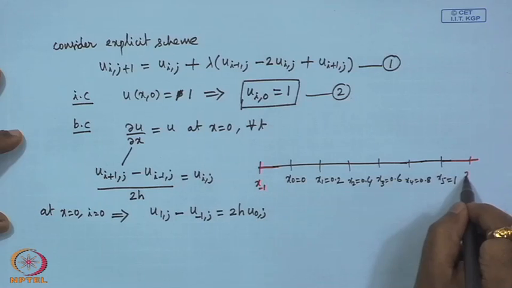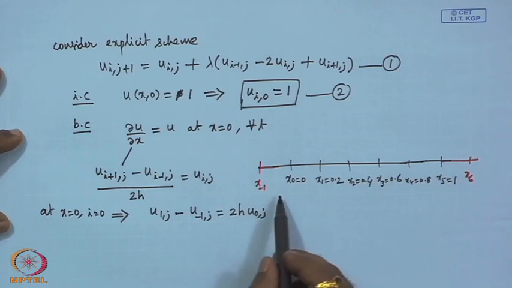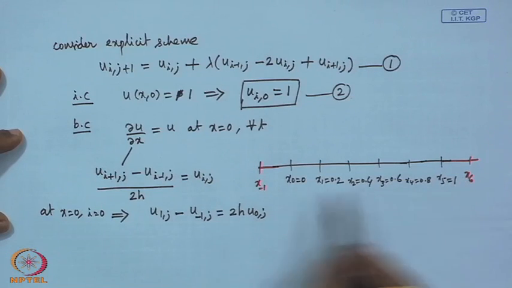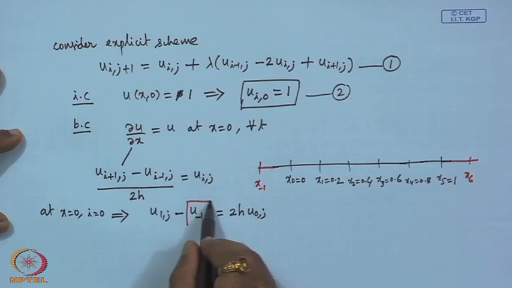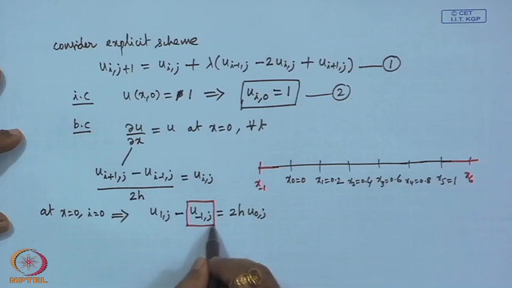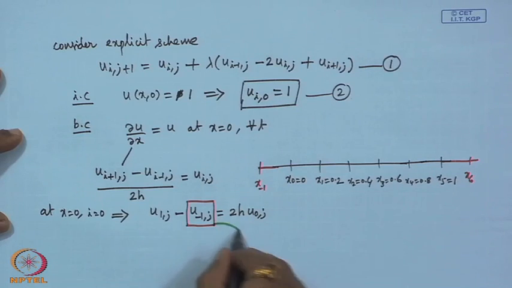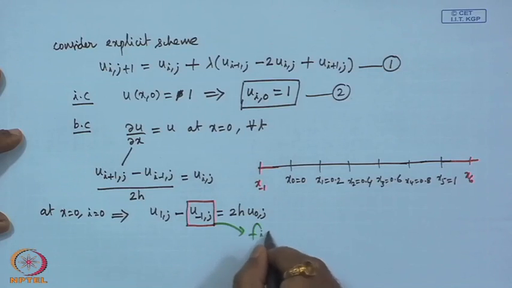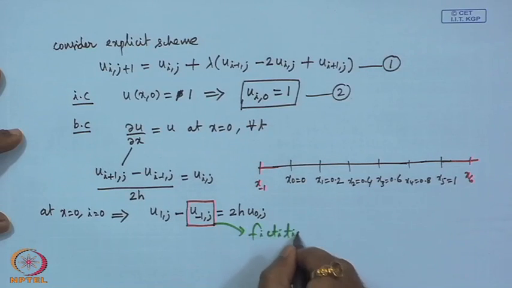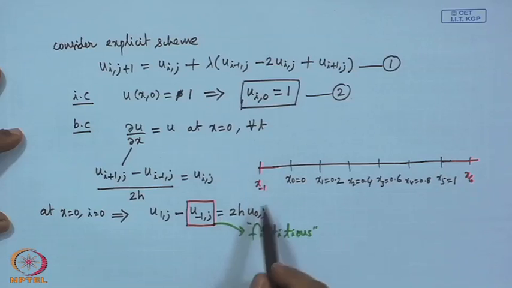Similarly, this is going to be x 6, and x minus 1 and x 6 are both outside the domain. However, this quantity appears in our equation. Since this is outside our domain, we call this a fictitious value. We have to handle this very differently.